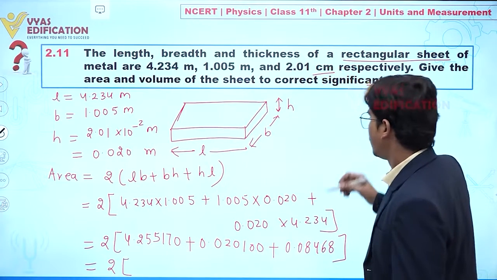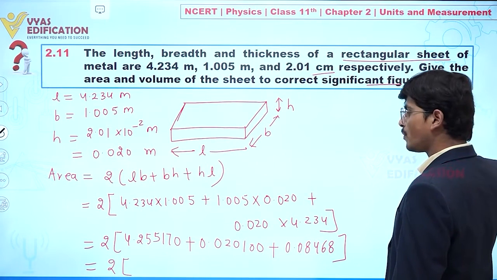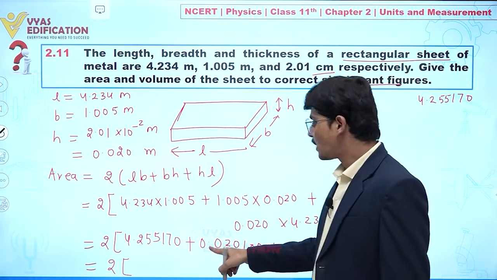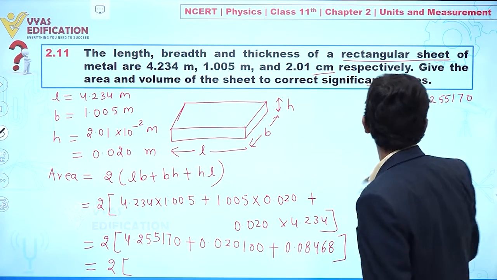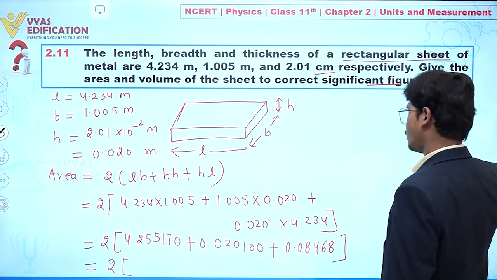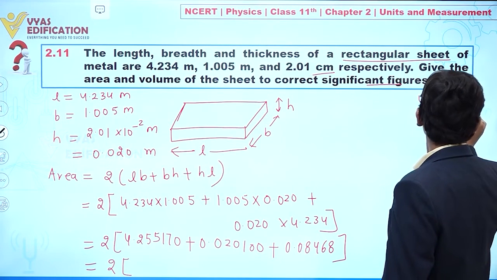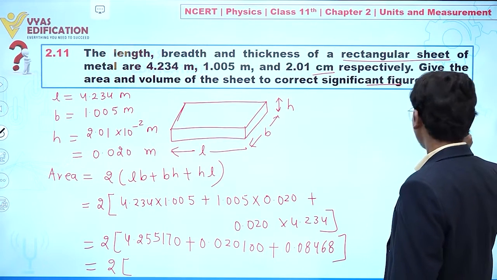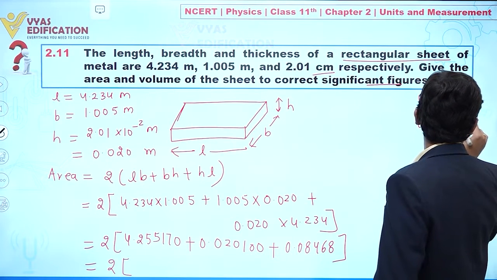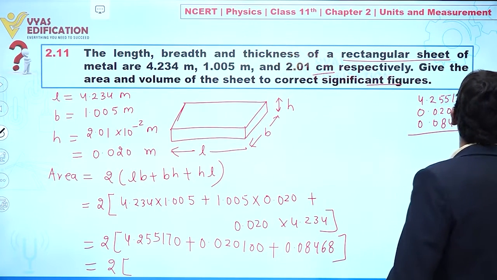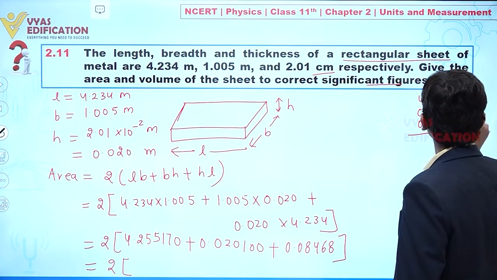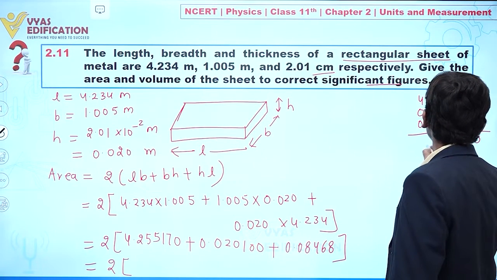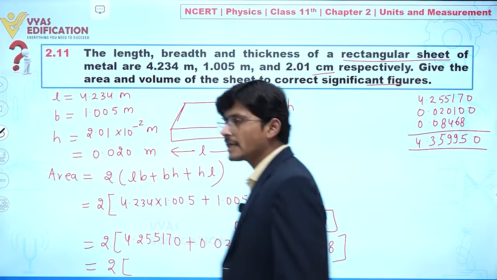Now listen, we can see actually here we are having 4.255170, clear, this is after decimal 1 2 3 4 5 6, and 1 2 3 4 5 only, so 0.08468, clear. Now we have to add all these 3 terms, so 0, we have 15 1, so 2 3, and this is 9, this one is 9, 5 2 7 8 15, we have 1 3, and this is 4, clear.